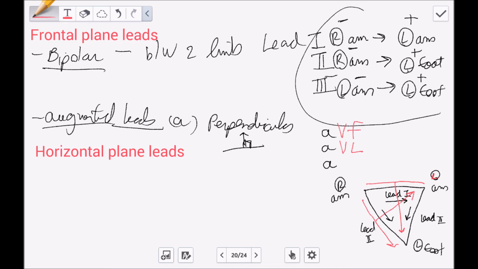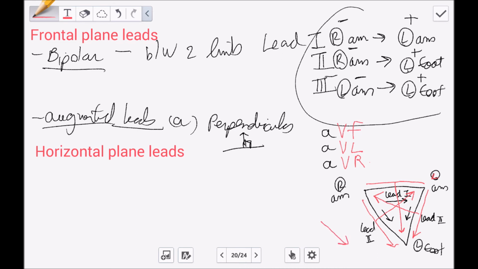Last but not least, lead 3 goes down like that, correct? So what would be the perpendicular lead to lead 3? Good. It should be pointing towards the right, like this. So that would be AVR, for right. Now, if you look at all these leads and remember our vector, it's like this.